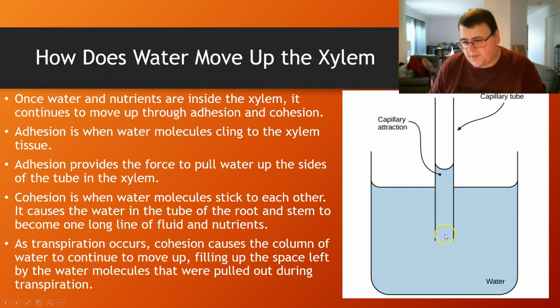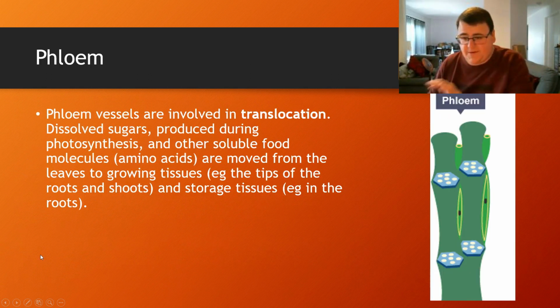So you've got water moving up the xylem through adhesion, and as it's moving, well, first off, as water starts to transpire away from the leaves, so evaporates away from the leaves, it pulls the rest of the water up the xylem through cohesion, because the water molecules are stuck together, and then you've got the adhesion sticking it to the walls, preventing it from falling back down.